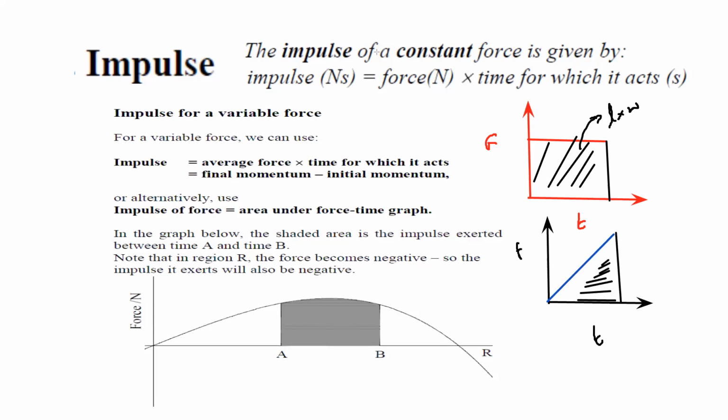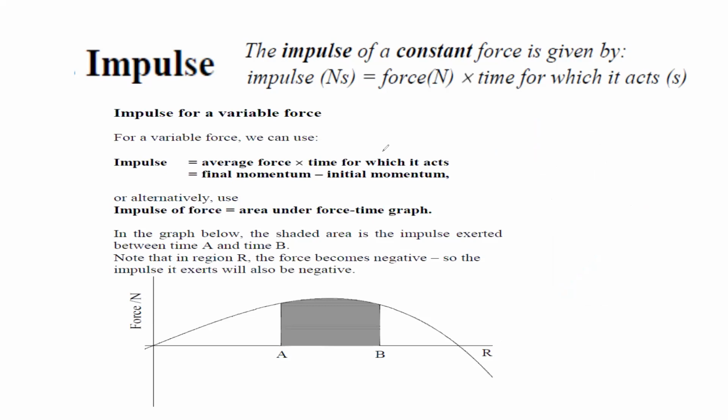It will make a triangle. So in this case, we'll use the formula half base multiplied by height. So here it is force into time, but here it's half base into height. Force multiplied by time, we will get the impulse.